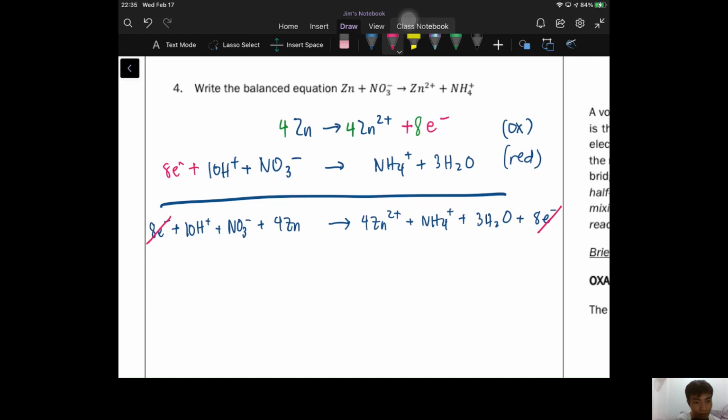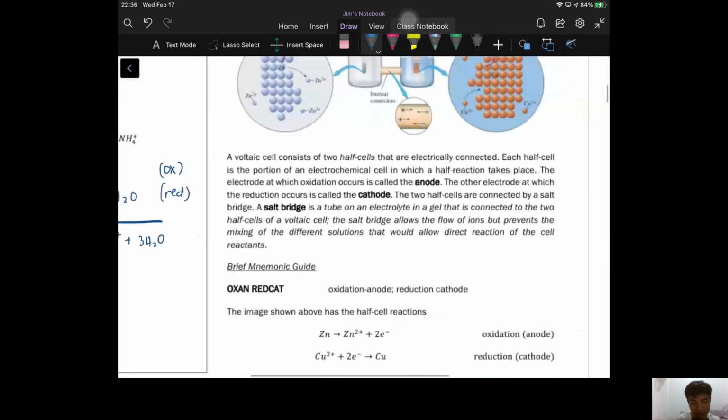And there are no other similar terms here. So this is our final equation. I'm going to remove electrons. Okay, so this will be our final equation. Then H plus 10, 1 mole of nitrate ion plus 4 moles of zinc metal producing 4 moles of zinc 2 plus, ammonium ion plus 3H2O. Okay, so yan yung sagot dyan.